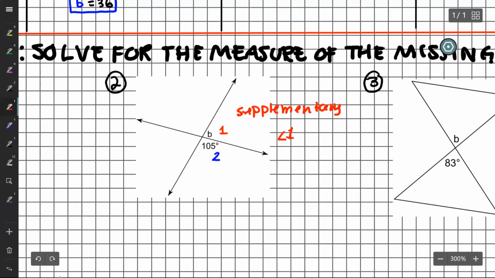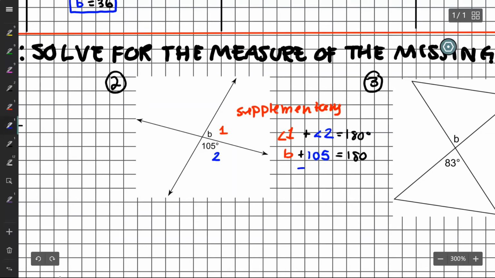So angle 1 plus angle 2 equals 180 degrees. I'm going to go through and substitute what I know. So instead of angle 1, I'm going to write B plus 105, which is angle 2, equals 180.